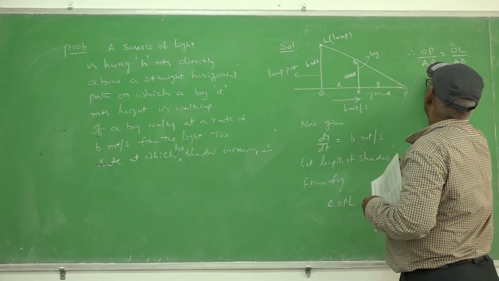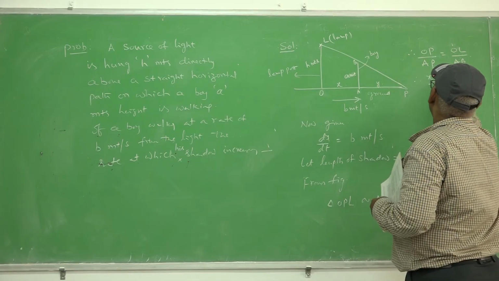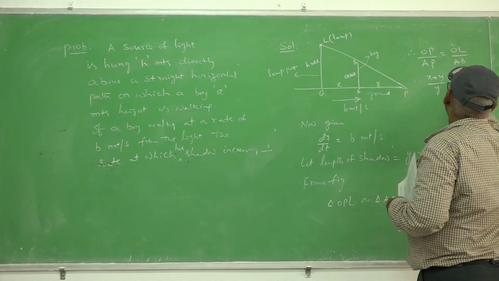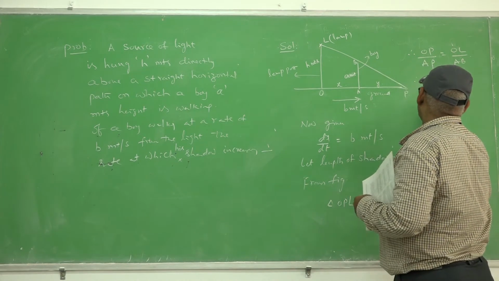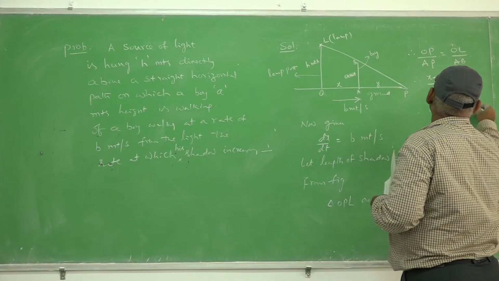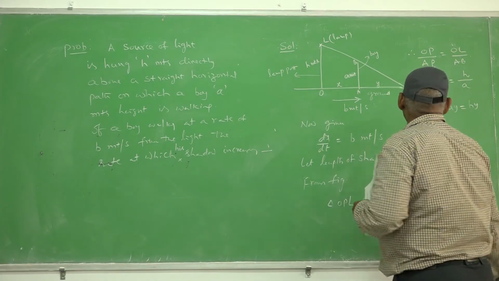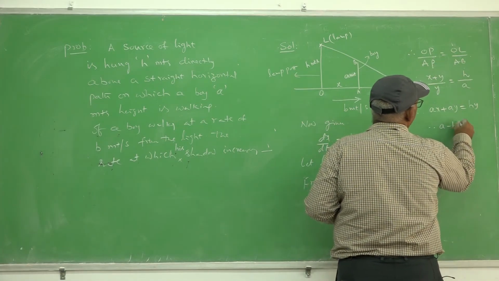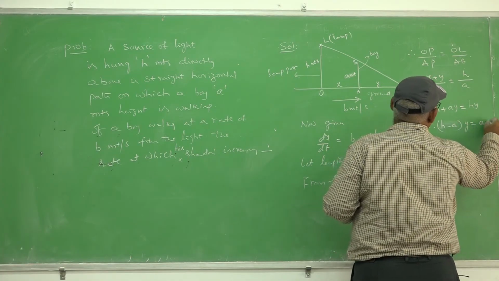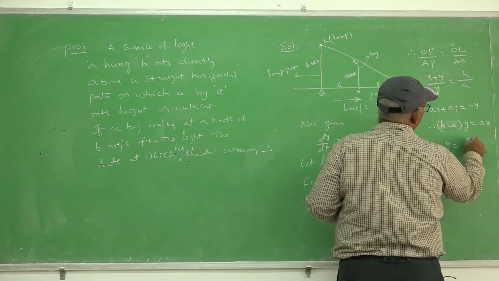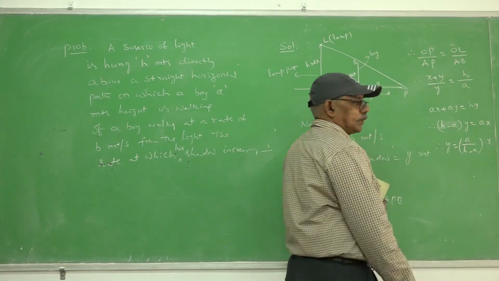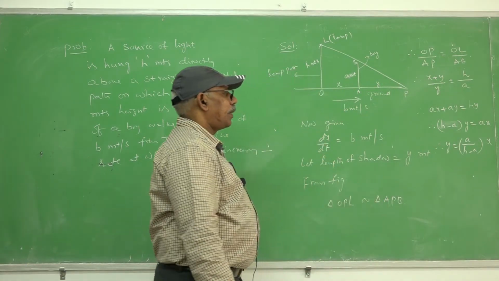OP is clearly x plus y, AP is y, OL is H, AB is a. So therefore, a(x plus y) equals Hy. That is, (H minus a) y equals ax. So y equals a by (H minus a) into x. Y in terms of x is a by H minus a times x.